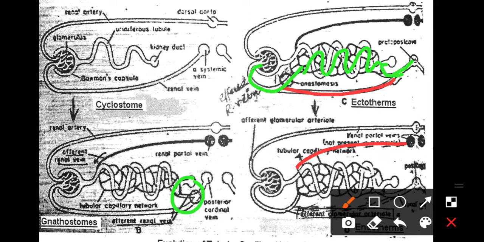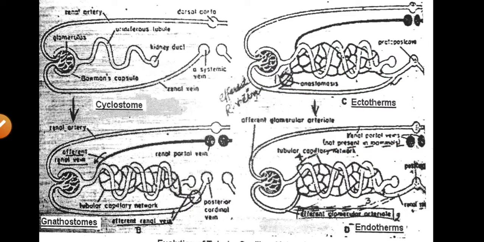So here two main connections have been lost. You can see in the fourth diagram that there is no connection between the renal portal vein and the tubular capillary network, and no connection between the anastomosis and the posterior cardinal vein.